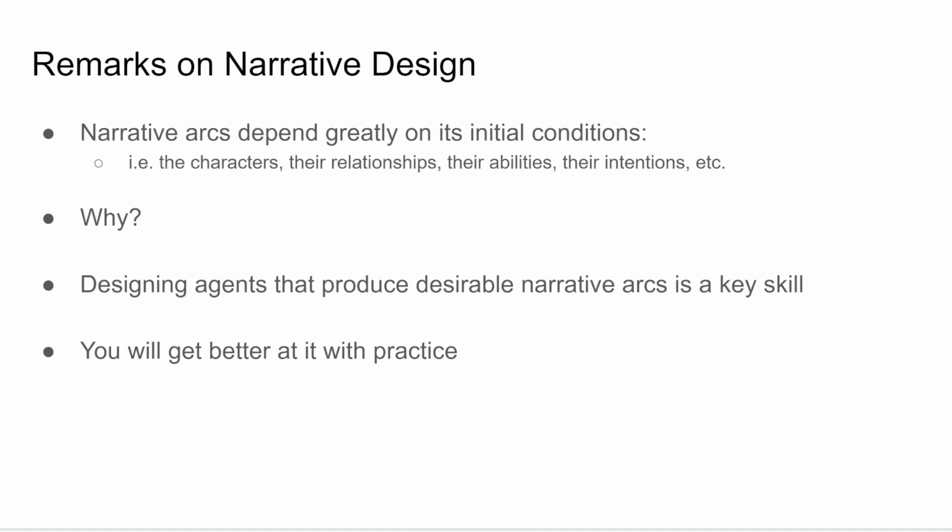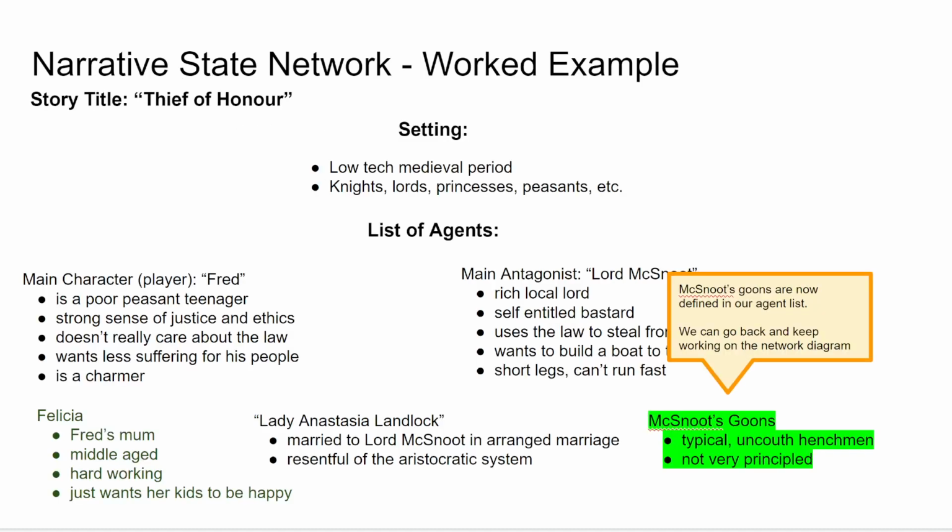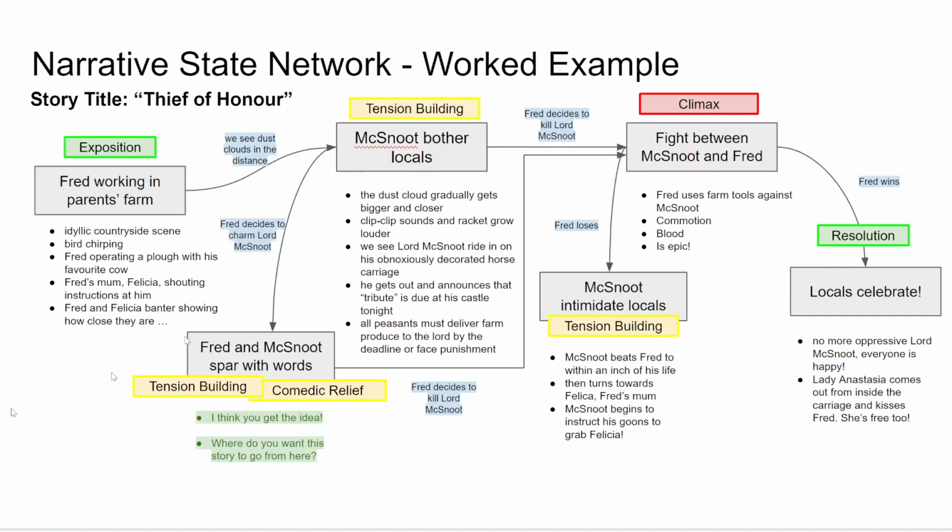But let's not forget that there's also extra stuff. So for example, the characters that we put in. Basically this is the starting point, and this starting point determines what's going to happen in this network.